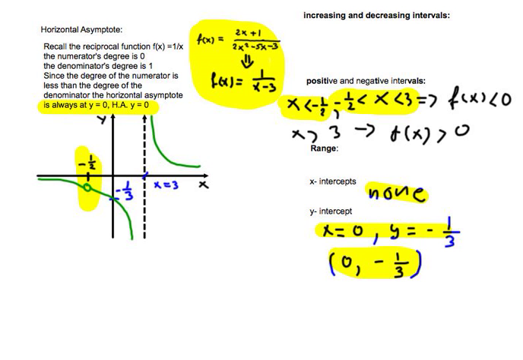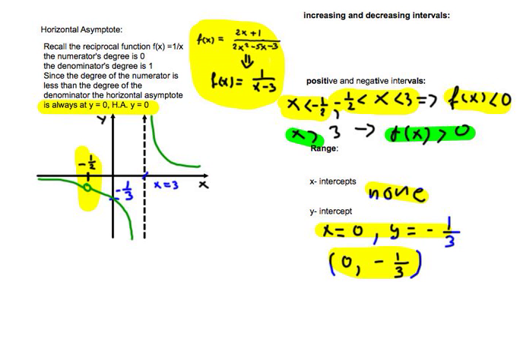So this implies that f of x is less than 0. So this is the interval where the function is negative. And on the opposite side, with respect to the vertical asymptote, for x's greater than 3, all values are positive. So the graph is found above the x-axis.